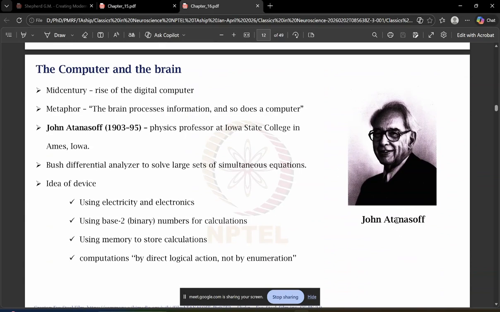So this is John Atanasoff. He was a professor of physics at Iowa State College in Iowa.